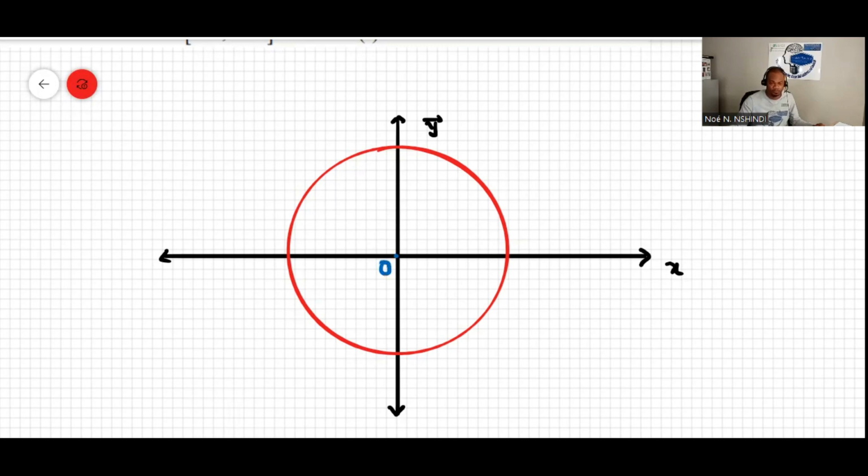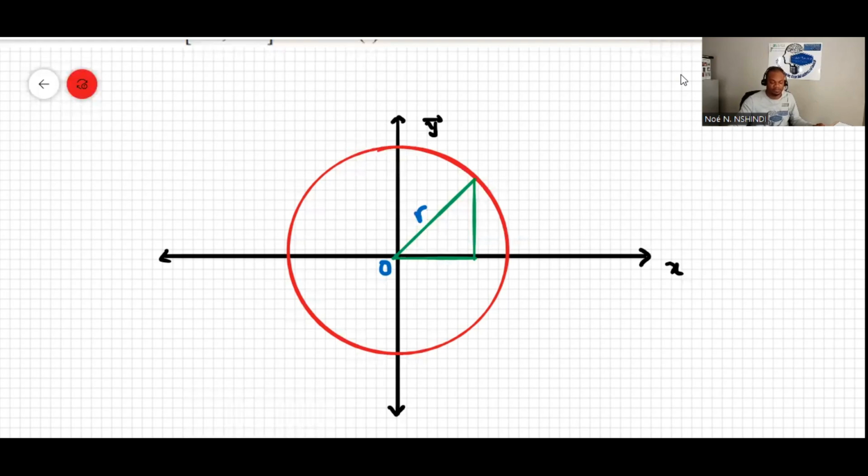We call the center O. From the center to any point of the circumference is what you call the radius. Okay, and then we can form a right angle triangle here, with a radius r. This is why sometimes we call the hypotenuse of a right angle triangle r.